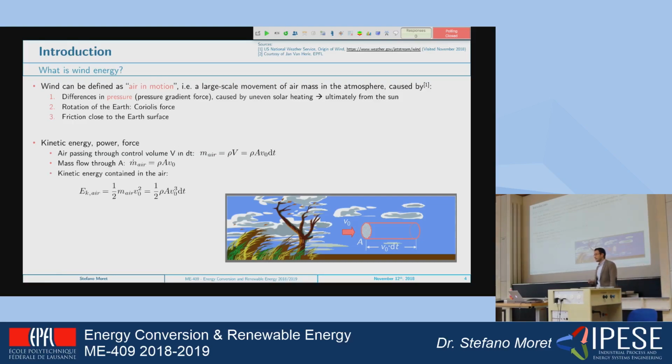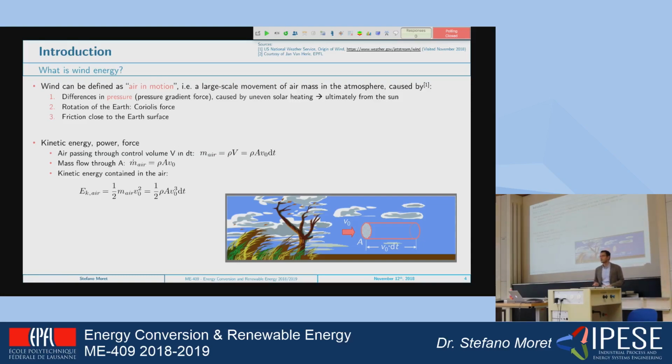This means that the kinetic energy of the wind, the amount of energy that is contained by moving air, will be equal to this equation that you know from basic physics: one half of the mass of air times the square of the speed, which is the amount of kinetic energy contained in a mass of moving wind at the speed v0.